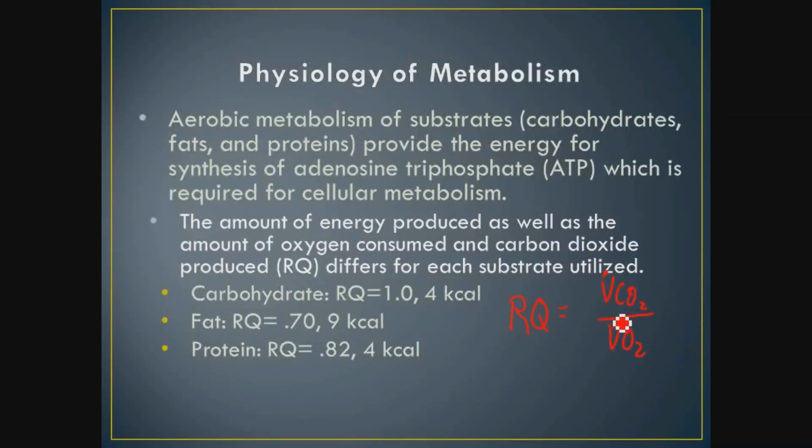Okay. I would like you to know that the respiratory quotient when we burn carbohydrates is pretty much a one-to-one relationship. For every milliliter of oxygen consumed, there's 1 milliliter of carbon dioxide produced.